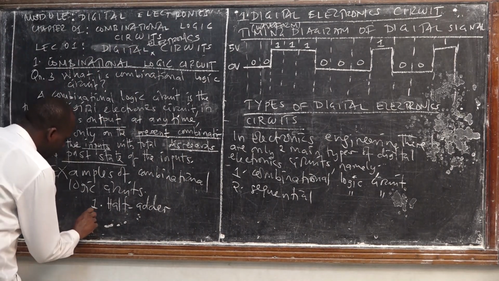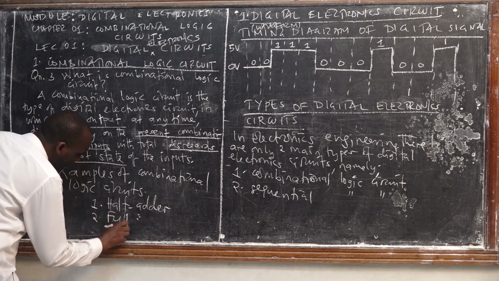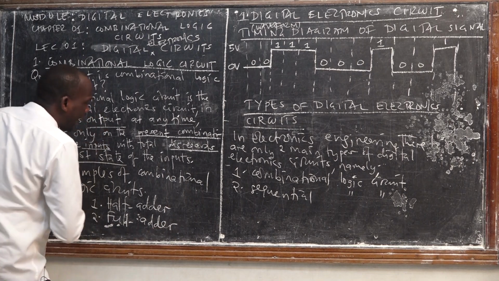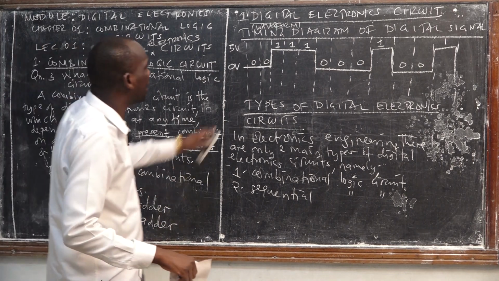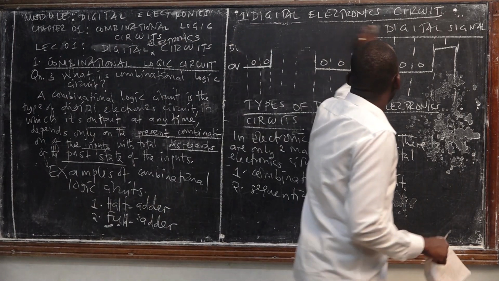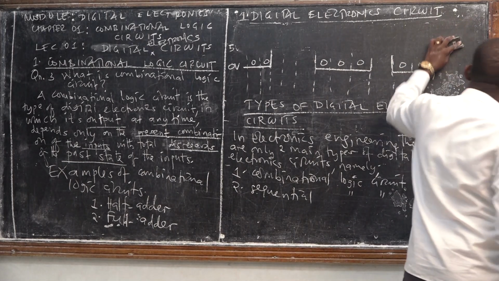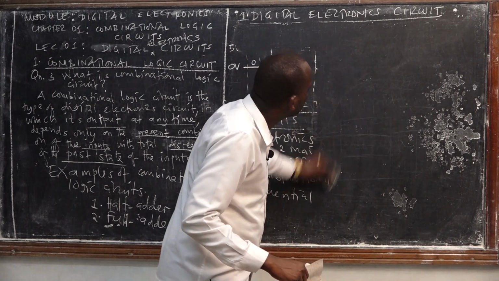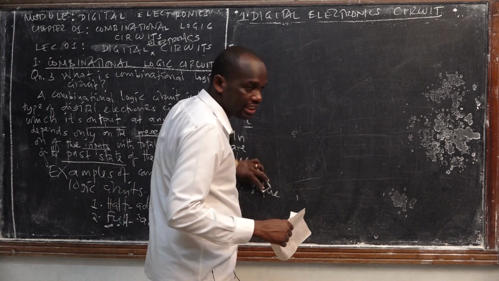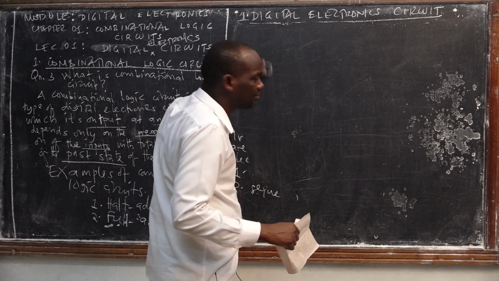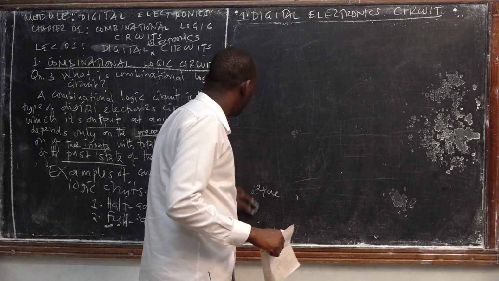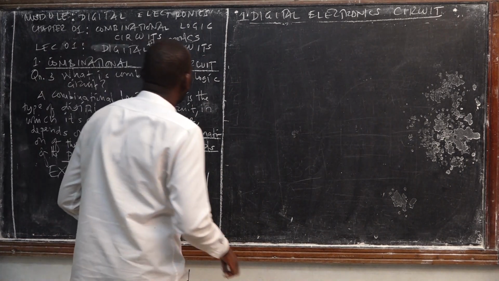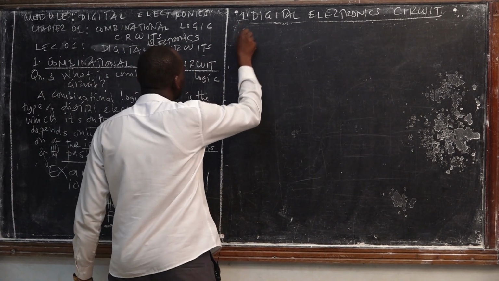The second one, we call the full adder. These are the ones that we use to do addition, subtraction, multiplication, and division in scientific calculators. Full adders we use often in designing calculators.